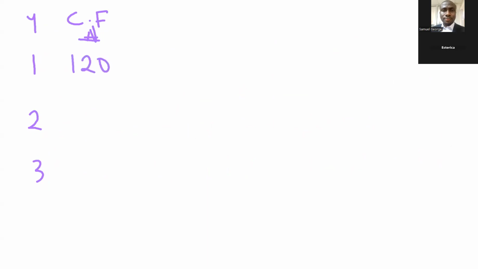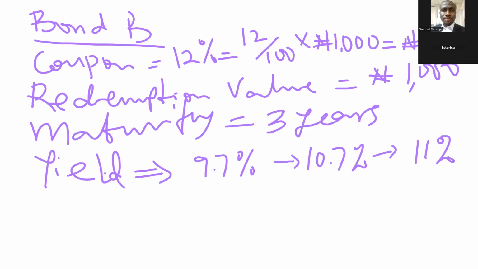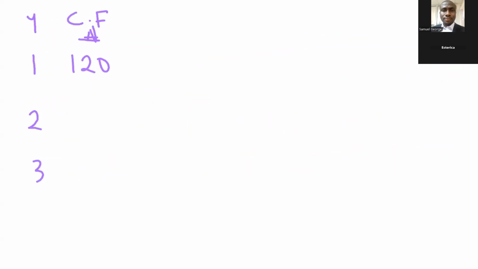The coupon here is 120 naira for bond B, 100 naira for bond A. You will collect 120 in year 1, 120 in year 2, and 120 in year 3 plus 1,000. Your money will be returned to you. So the total money you collect in year 3 would be your capital, which is 1,000, and the coupon of year 3, which is 120. That is 1,120.